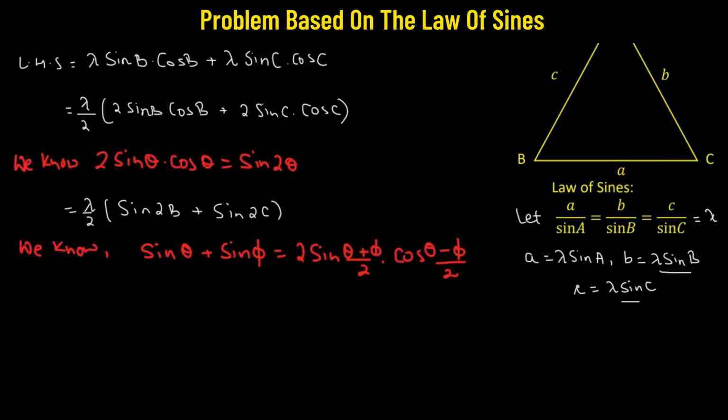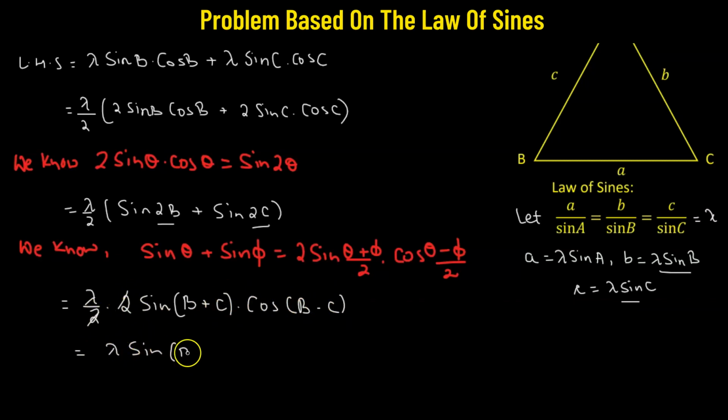We have lambda over 2 multiplied by 2 times sine, where theta is represented by 2B and phi is represented by 2C. So we're going to get sine (B plus C) multiplied by cosine (B minus C). So 2 and 2 get cancelled. We're left with lambda times sine (B plus C) multiplied by cosine of (B minus C).